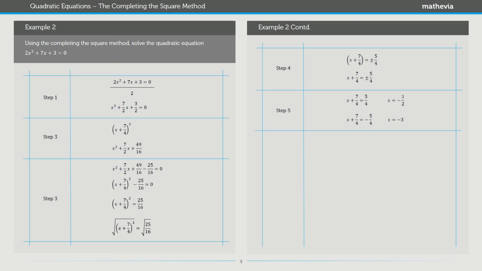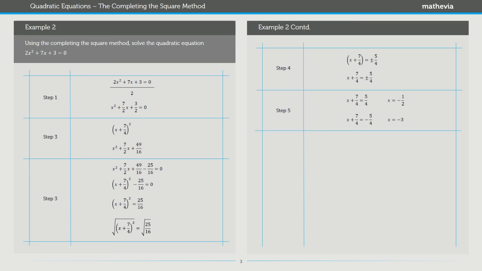When we find the square root of both sides, we basically have the square cancelling the square root. We have x plus 7 over 4, and this would equal plus or minus the square root of 25 over 16. You find the square root of the numerator, which gives you 5. The square root of the denominator gives you 4. And whenever you find the square root of anything, you always have plus or minus.